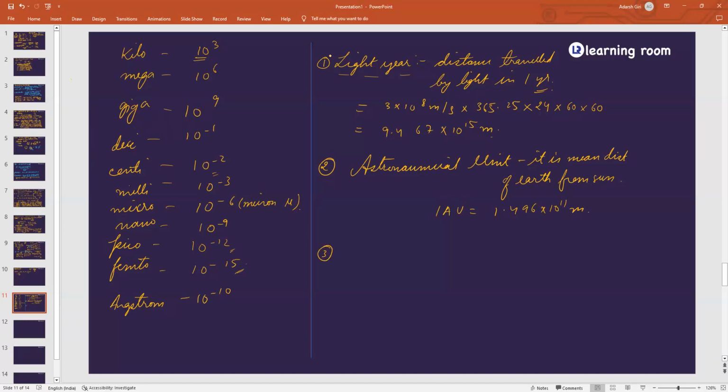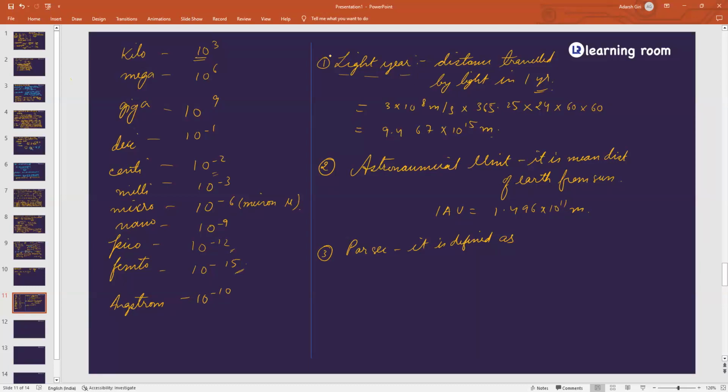Third thing that we study is parsec. Parallactic second. What is this parallactic second? I'll explain it. This has got some kind of explanation.